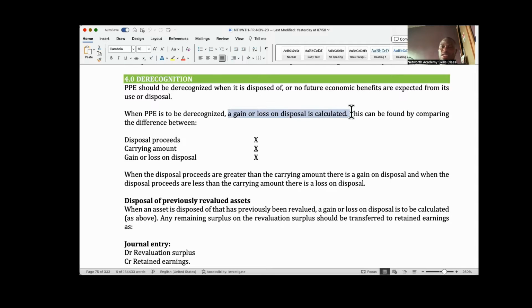This gain or loss on disposal is just done by comparing your disposal proceeds, which is how much you sold it for, with the carrying amount. Then you have a gain or loss on disposal. That is the major thing you'll be required to do in the exam.